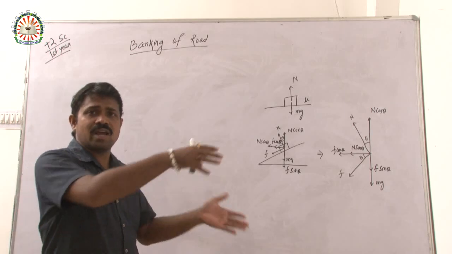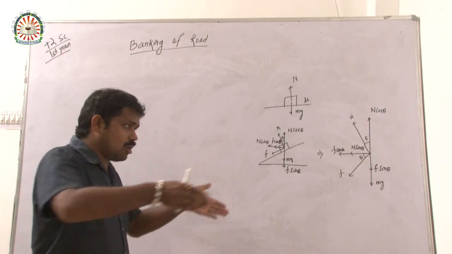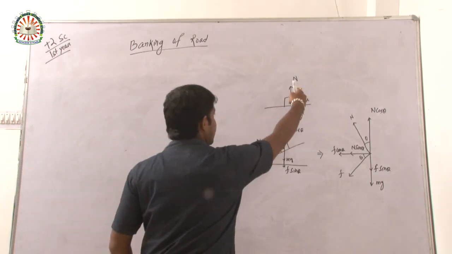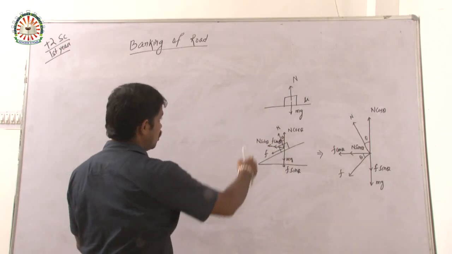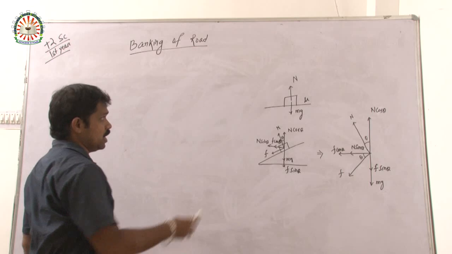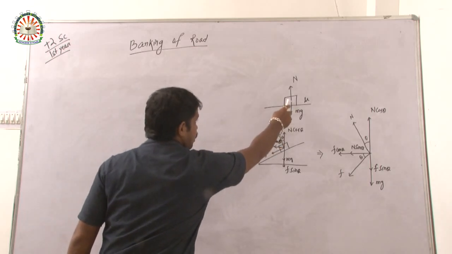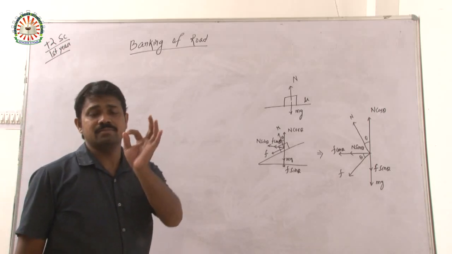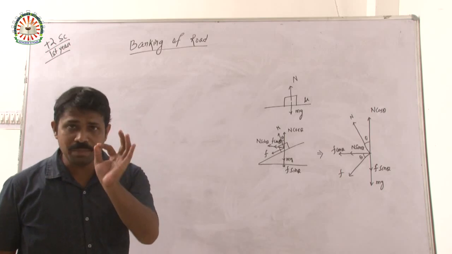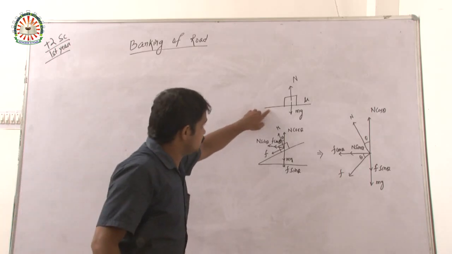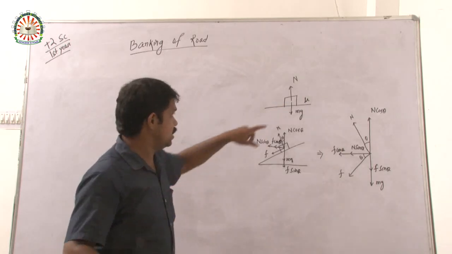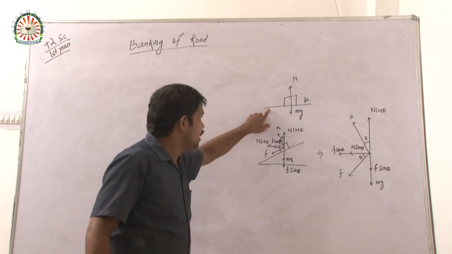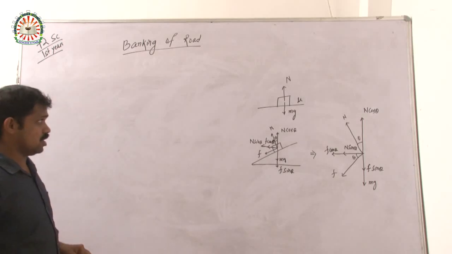If the path is a horizontal one, then the reaction force is normally upward, and the weight of the vehicle, mg, acts downward. And mu is the coefficient of friction between the tires of this vehicle and the road surface. Clear, all of you? Okay.